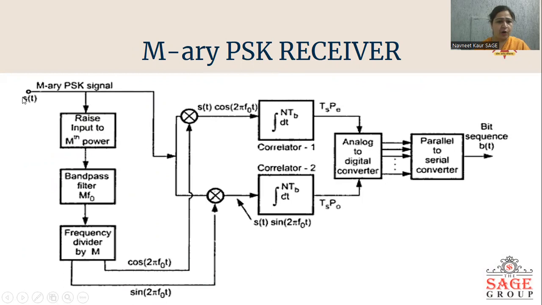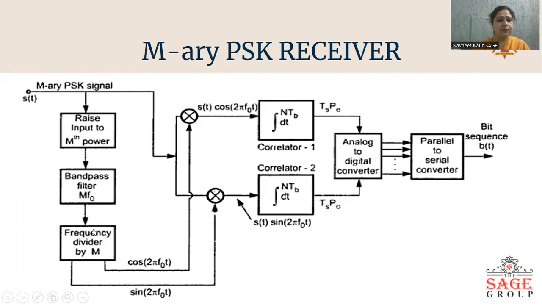In the first block, the incoming PSK signal is first raised to power M. Then it is given to a bandpass filter with center frequency M f0. That means only those sine and cos terms which have a frequency of M f0 will be selected. All other terms will be rejected by this bandpass filter.